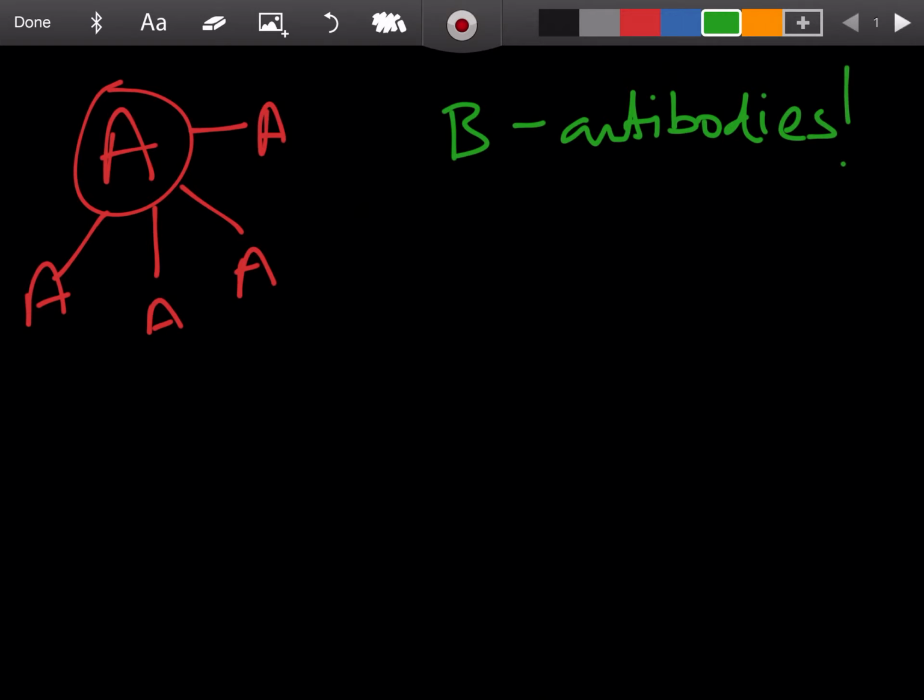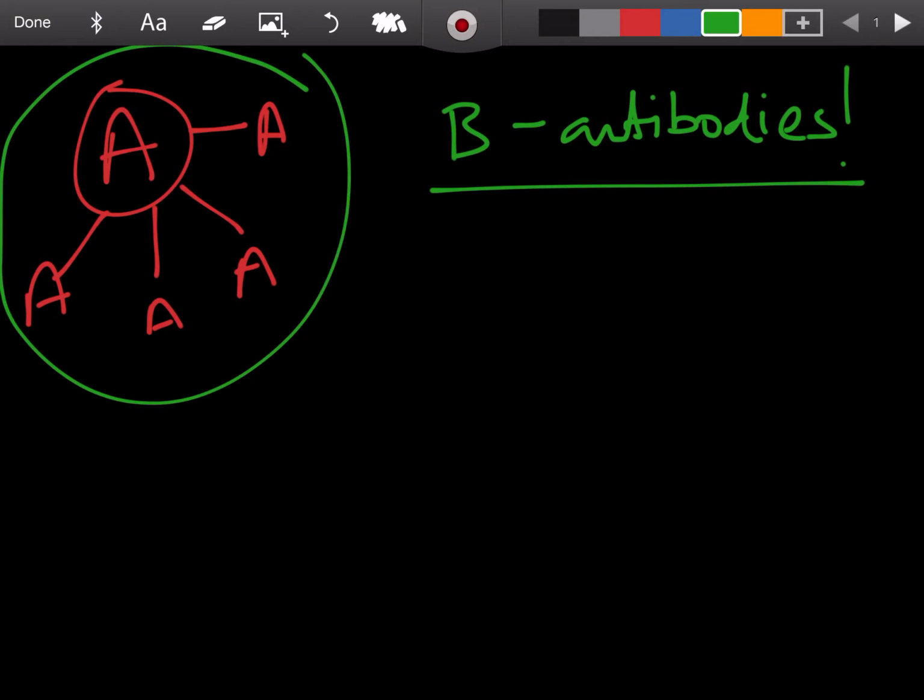So if you're a person with A blood running through your veins, then you have B antibodies in that blood, which means that the B antibodies, if they detect a blood cell with the B antigen, will attack it and actually cause an immune response. So obviously your blood has to be complementary, in the sense that whatever plasma you have must be compatible with whatever blood cells you have.